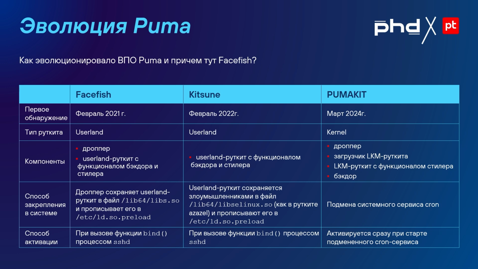How is it activated? Facefish and Kitsune have the same mode of action. They hook the bind functions in the SSHD process, but Puma uses a different mechanism: it's just a regular substitution of a utility, and it's launched by the operating system.